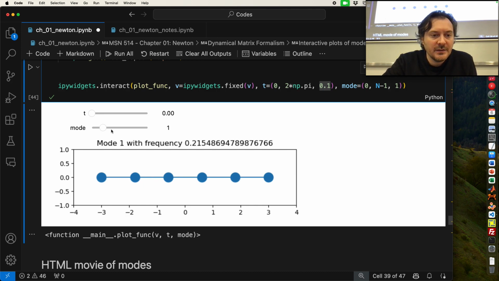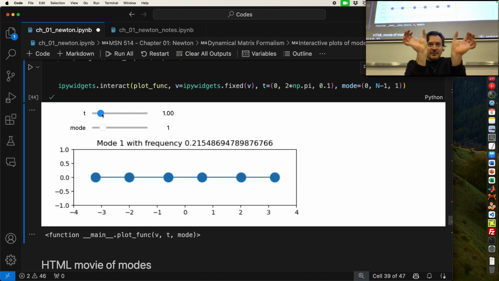Okay, so let's see how this mode looks. It's a stretching of those soft springs. Do you see? The stiff ones stay together while the soft ones go back and forth. And that's how you get a lower mode, lower energy or lower frequency mode, right? Good?